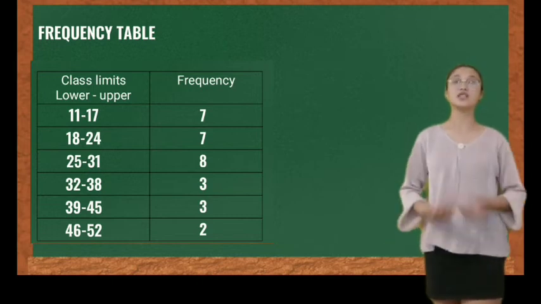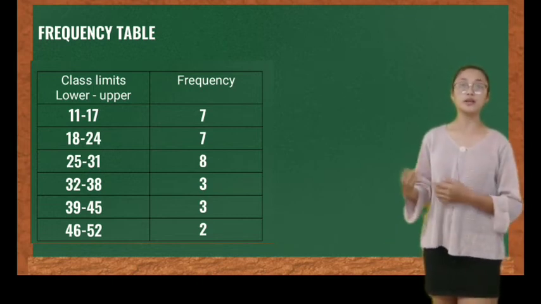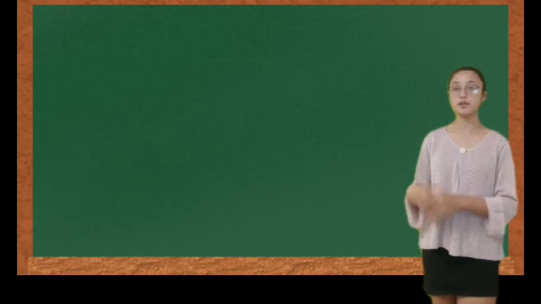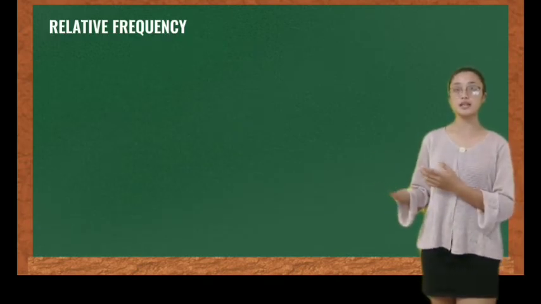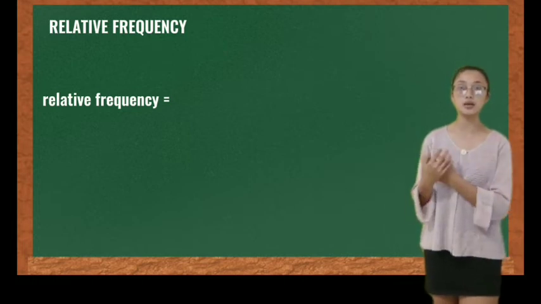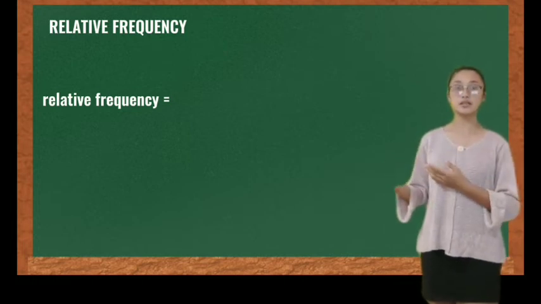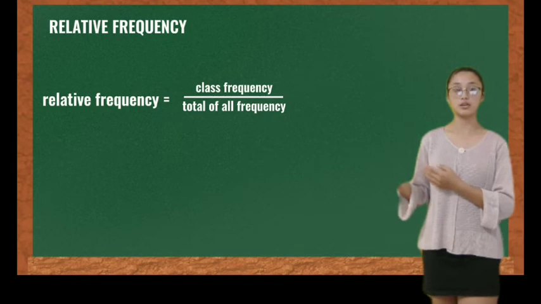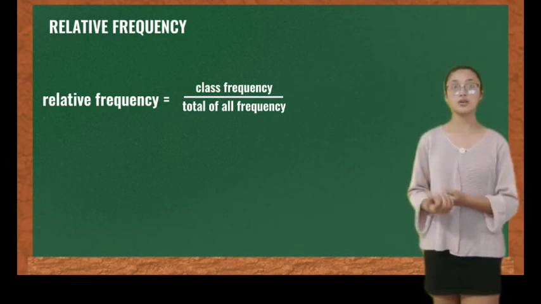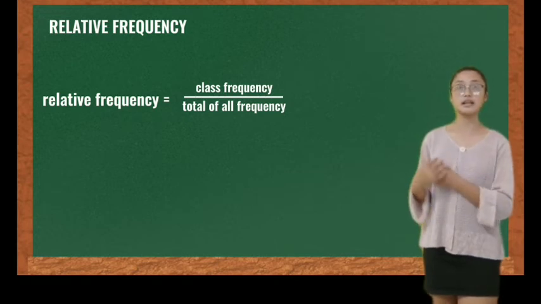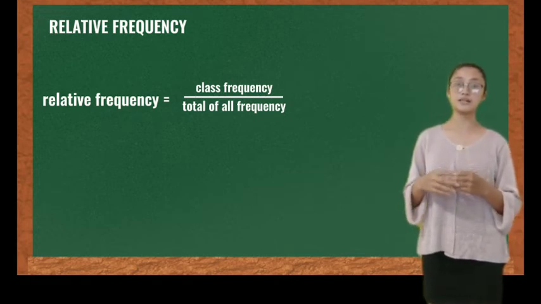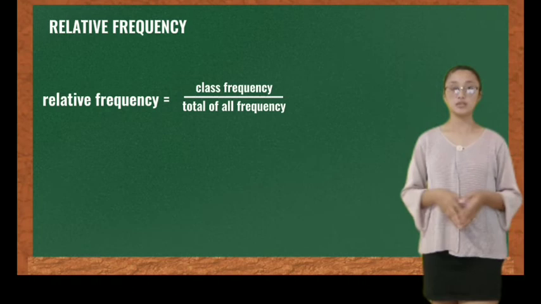And now, let's talk about how to compute relative frequency. So the formula is: relative frequency is equal to the class frequency over the total of all frequencies. The total number of our frequencies is 30. Then let's divide all our class frequencies by 30.